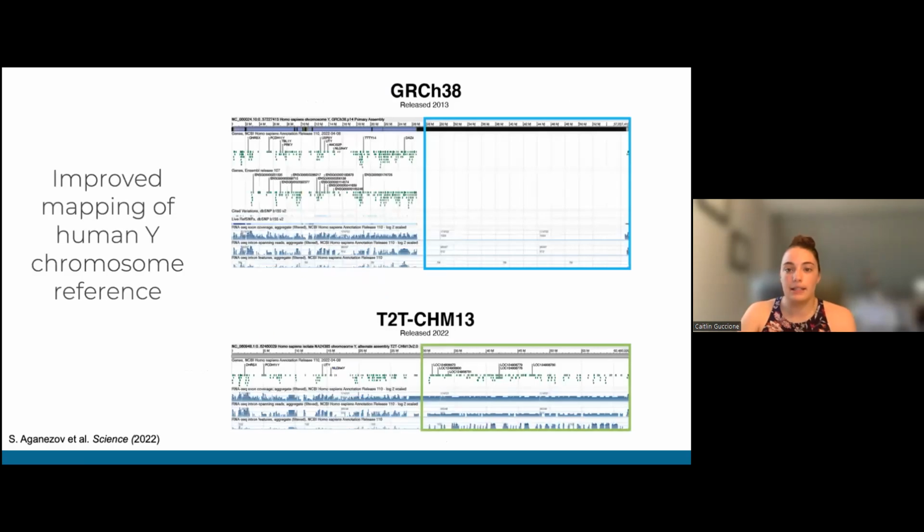And like I said, I kind of work at the intersection between cancer and microbiome. So I get to go to seminars that are more cancer related or more human genomics related. So I was at a seminar that talked about this awesome new mapping, the human reference T2T CHM13, that came out in 2022.